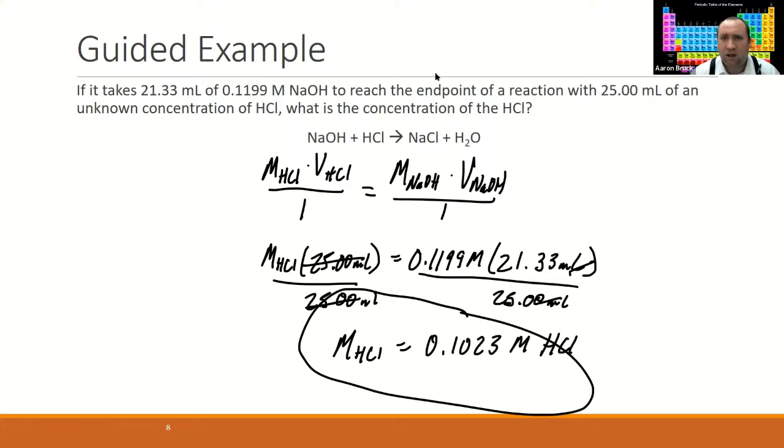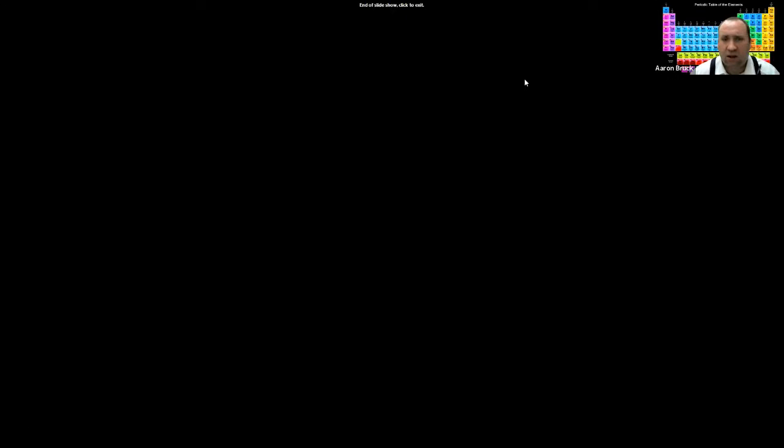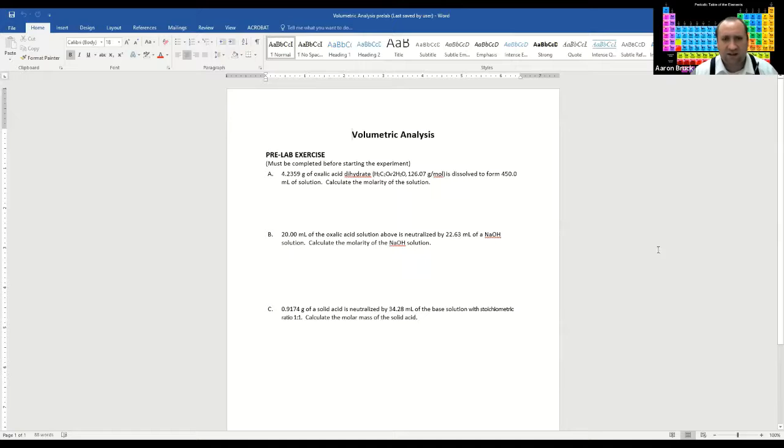Now, before we completely go off here, let's take a look at the pre-lab that you're being asked to do this week. The first 2 questions are very familiar. Question 1 is exactly like the kinds of questions that we were looking at in the first example that we did. We're going to take the grams of oxalic acid and turn it into moles.